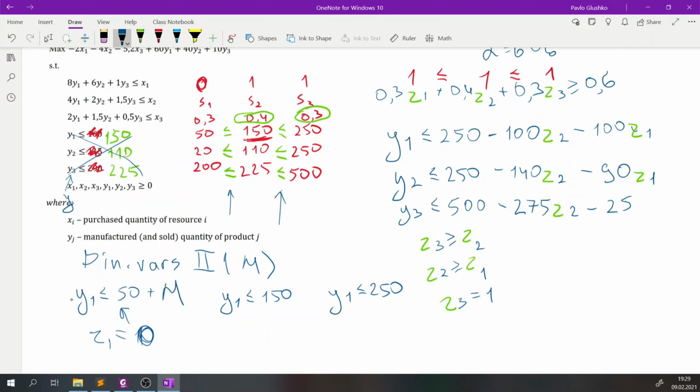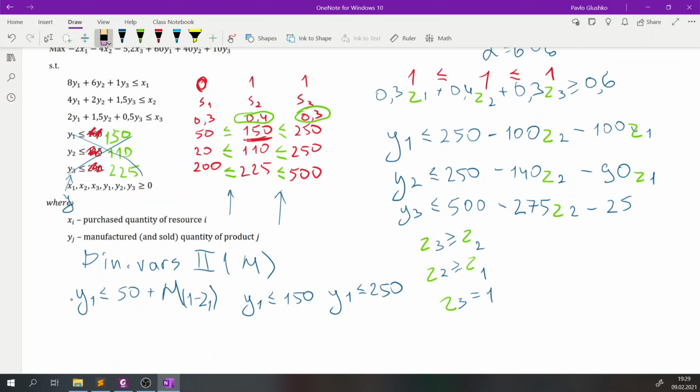So what should I do here? I should just multiply m by 1 minus z1. And now if z1 is equal to 1, 1 minus 1 is 0, m multiplied by 0 is also 0, and it means that this constraint is activated.